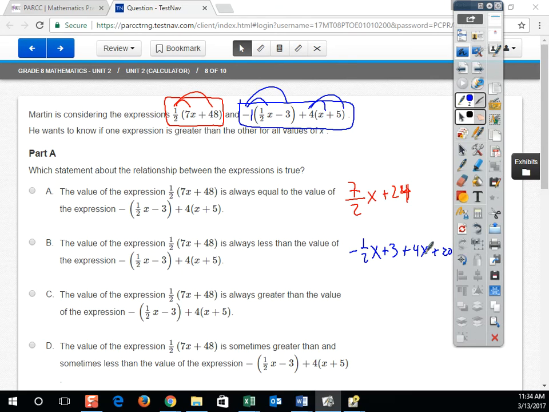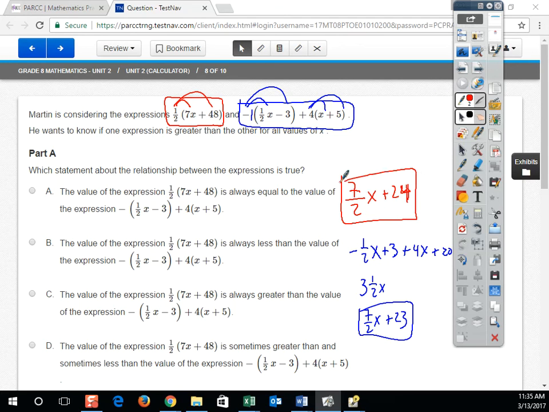So 4x minus 1/2 x is going to be 3.5x. But wait a second, 3.5 is the same as 7 over 2 x. Okay. Then positive 3 plus 20 is going to be plus 23. Very close, but not the same.